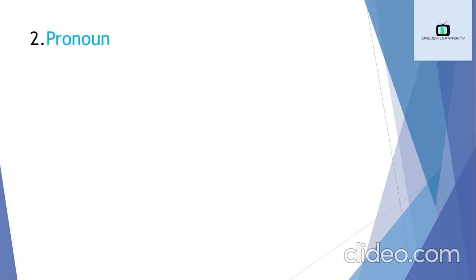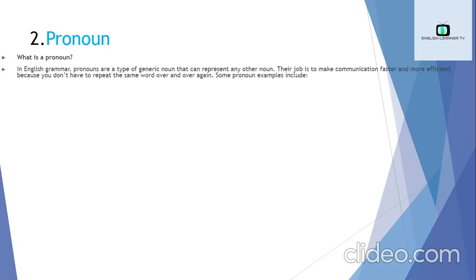Two, pronoun. What is a pronoun? In English grammar, pronouns are a type of generic noun that can represent any other noun. Their job is to make communication faster and more efficient because you don't have to repeat the same word over and over again.